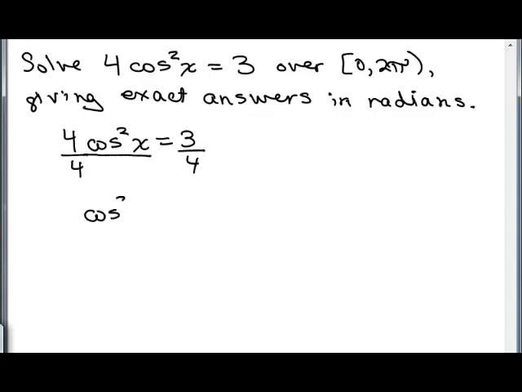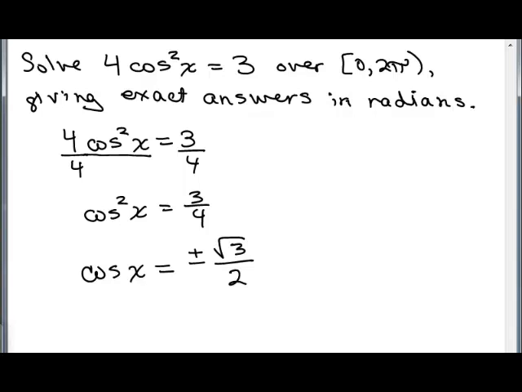So we have cosine squared x equals 3/4. So to solve for cosine, you'd want to take the square root of both sides. Just like if it was u squared, you would take the square root of both sides. Now when you take the square root of both sides, what do you have to remember to do? You have to put plus or minus. All right, so we have plus or minus the square root of the top over the square root of the bottom. Square root of the top is square root of 3, bottom square root of 4 is 2.